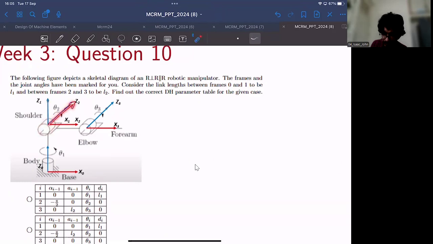And Z3 and X3, again, this joint is also fixed like this. With that information, how do you move from Z0 to Z1? How do you move from Z1 to Z2? How do you move from Z2 to Z3? If you use all these 4 parameters, you will be able to obtain the correct set of DH parameters.